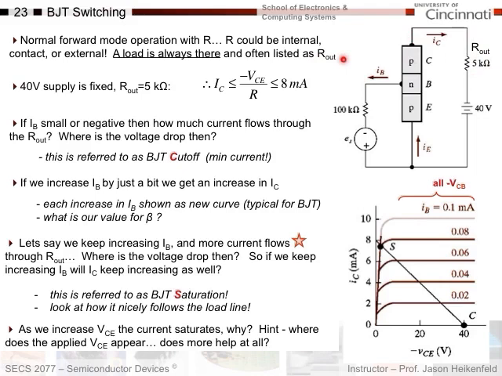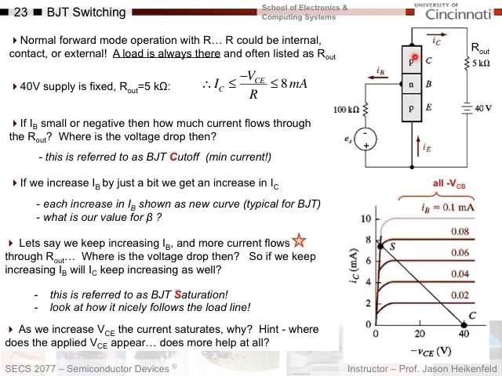Now, looking at this BJT circuit, which is in a common emitter format again, right? It's this circuit node and this circuit node, both common to the emitter here. We've got 40 volts applied to this. One of the things that we can start to understand for this BJT right off the bat is that the maximum current that will ever flow through this BJT would be if the resistance of the BJT itself disappeared, meaning that you turn it on as much as possible.